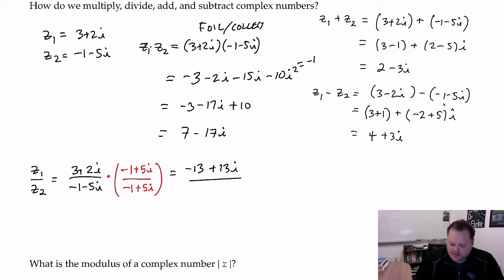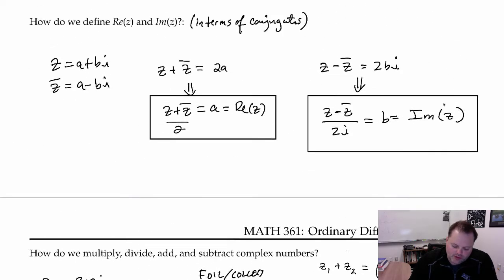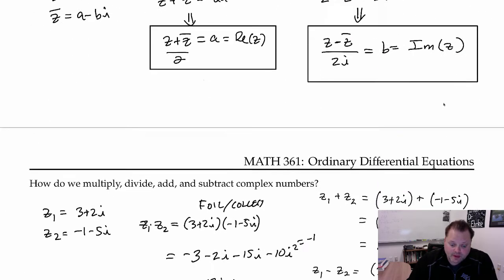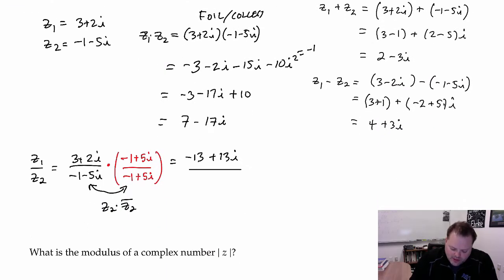And then watch how easy the denominator is. The denominator is z2 times its conjugate, right? You've got z2 times z2 bar. Well, from what we did just above, if you multiply a number by its conjugate, you get a squared plus b squared. So here, you'd get negative 1 squared plus negative 5 squared, which would be 1 plus 25 or 26.